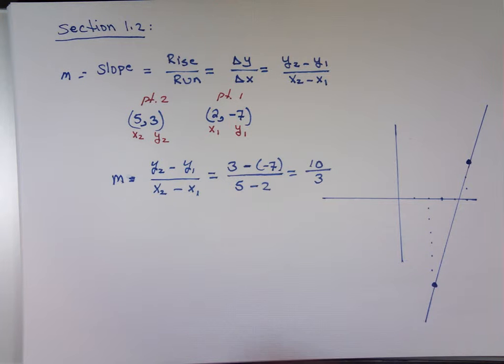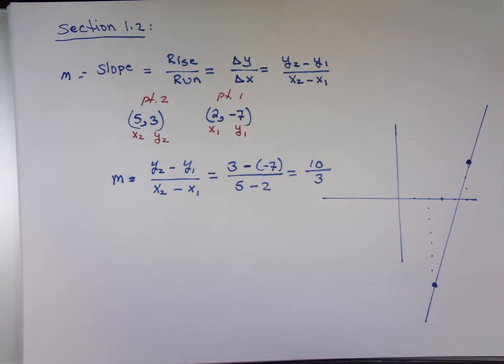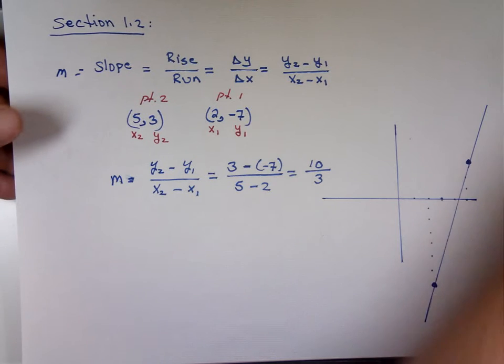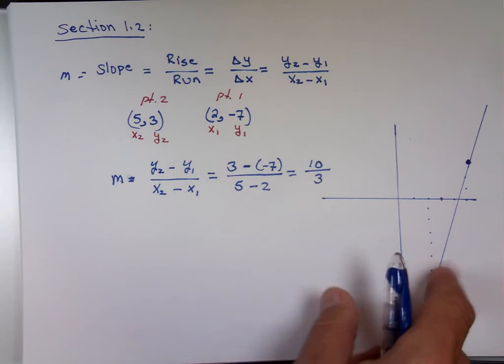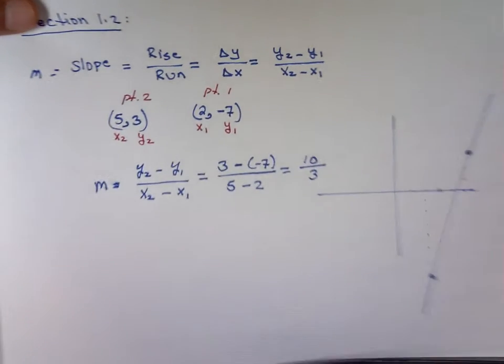As I said, there are 4 options for the slope. The slope could be positive, negative, 0, or undefined. Picture-wise, what does it look like? This is a positive slope. I'll give you pictures so you'll know. Positive slope.